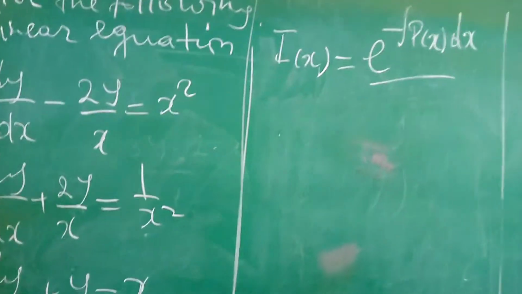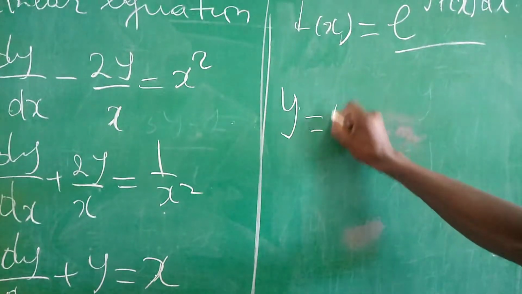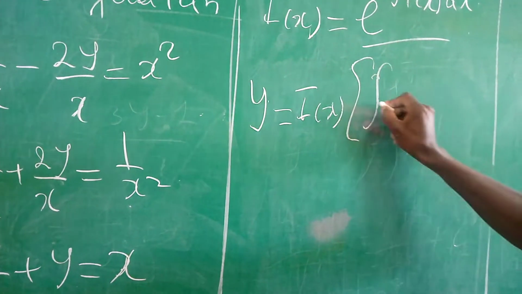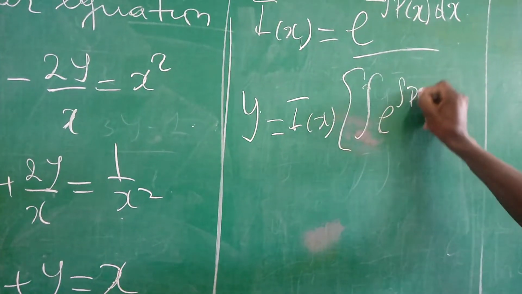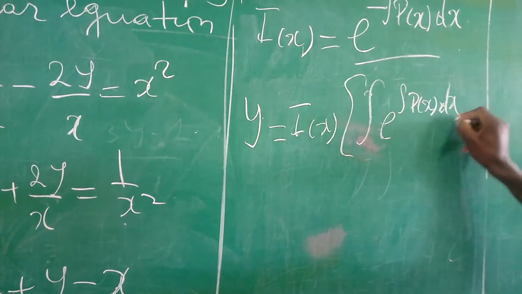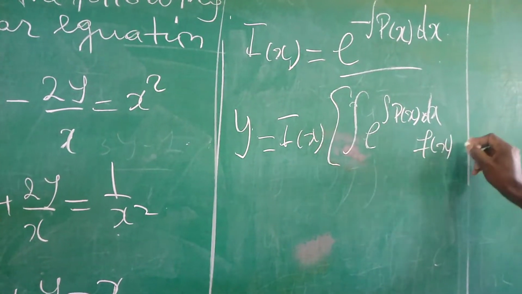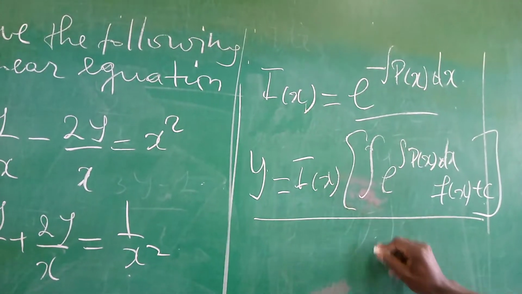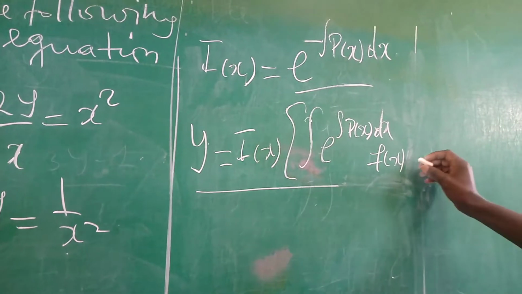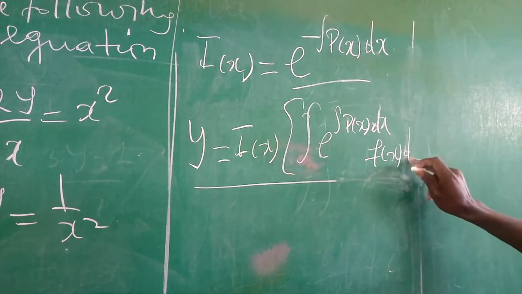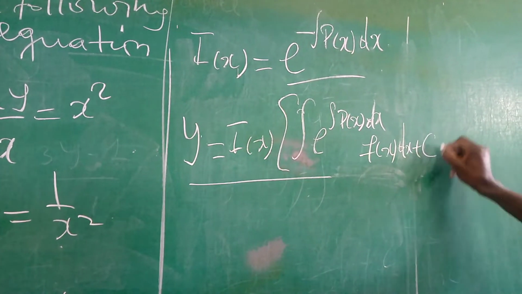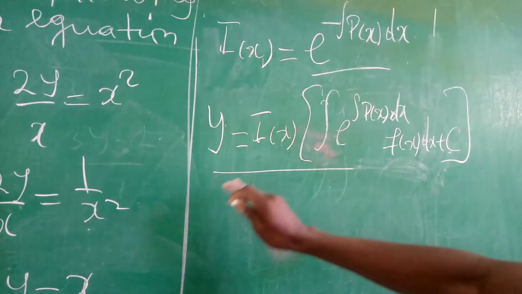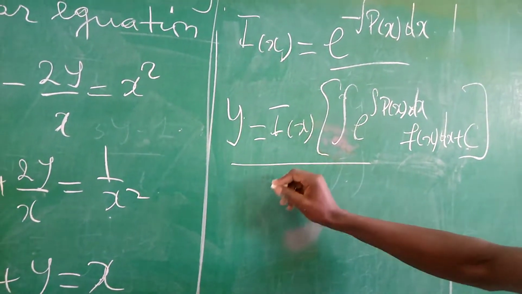And then we also use y equal to 1 over I(x) times the integral of I(x) f(x) dx plus a constant. This formula will give us the solution. Okay, so we are going to do the exercises to see how we get the solution.